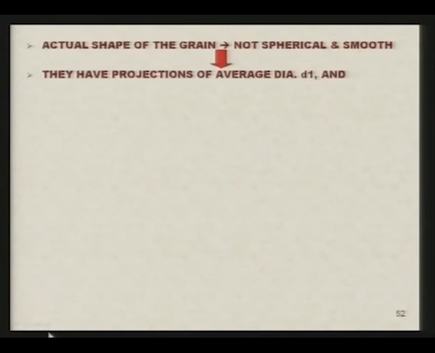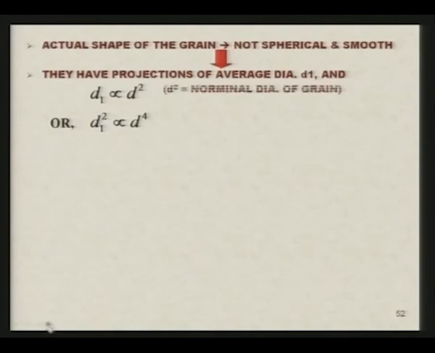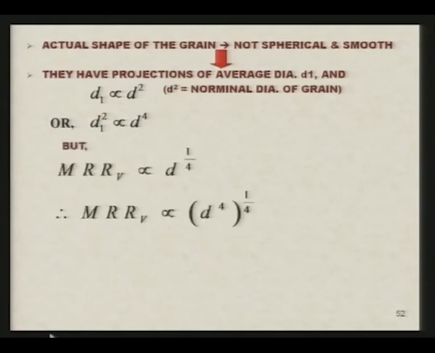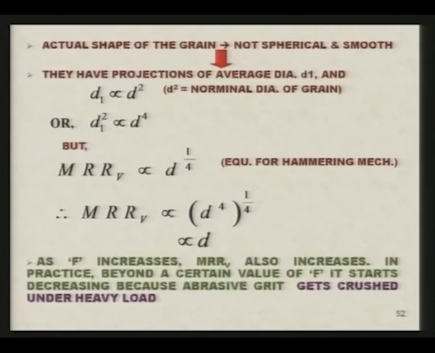They have projections of average diameter, which he assumed to be equal to d 1, and d 1 is proportional to d square, or d 1 square is proportional to d raised to power 4, but MRRV is proportional to d raised to power 1 by 4. So if we substitute the value of this in the hammering model, then we get d raised to power 4, whole raised to power 1 by 4, which is proportional to d. Experimentally it is observed that the volumetric material removal rate is proportional to d.